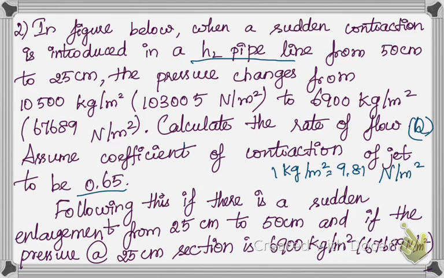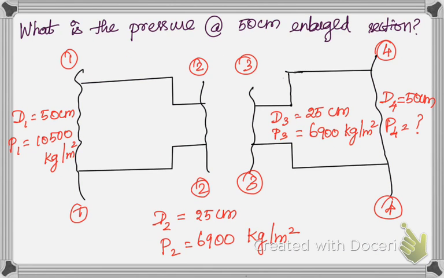That is from 6,900 kg per meter square to some other pressure. They have asked us to determine the pressure at the 50 centimeter enlarged pipe, which means they have asked us to determine P4. So initially the diameter is 50 centimeter, pressure is 10,500 kg per meter square, and then it is getting contracted to a diameter of 25 centimeter, and the pressure is also varying to 6,900 kg per meter square.